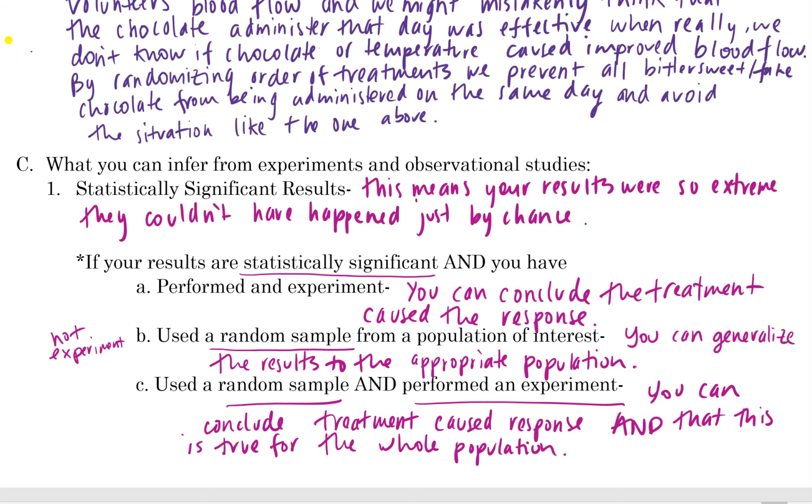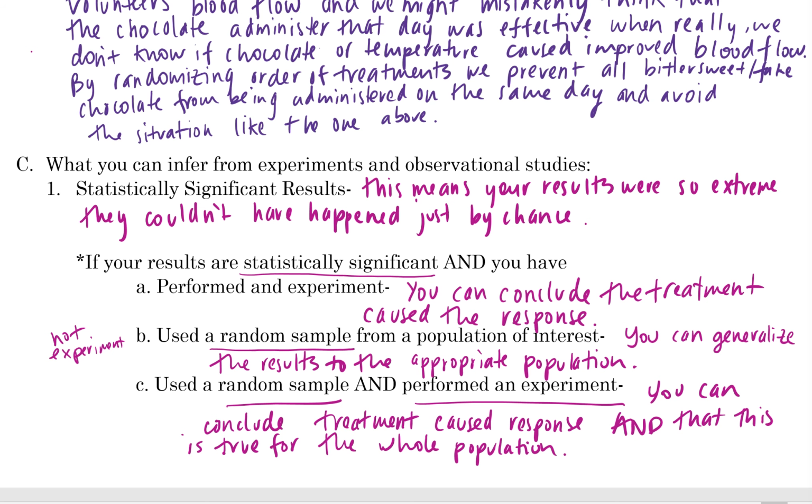Otherwise, so my last little spiel here, and then we're done. So in the last case, if you use a random sample and perform an experiment, you can, if your results are statistically significant, conclude treatment caused response, and you get to say that this is true for the whole population.